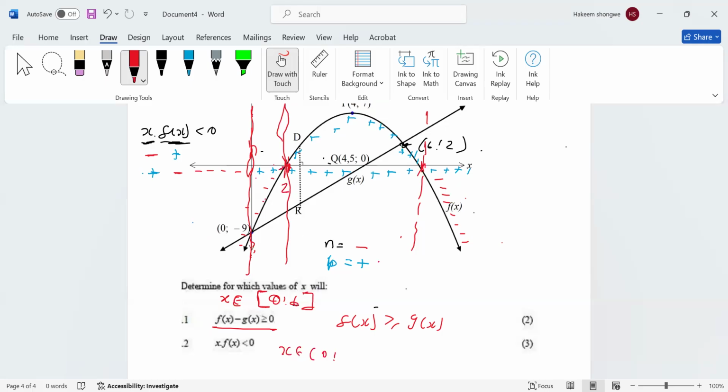And then we also need this one. We said already the point of intersection is 6. Let's make this one 8, for interest sake. So it's going to be x is an element from 0 till 2. We don't include them. And then we're going to say x should be greater than 8. And then we're done.